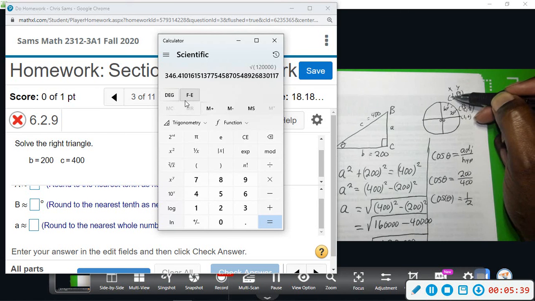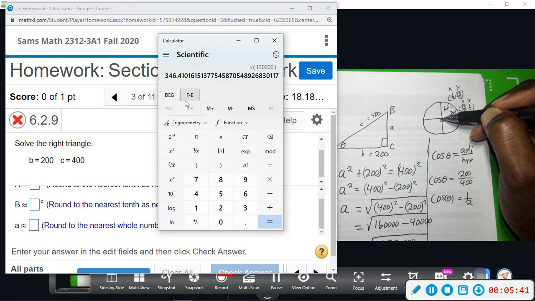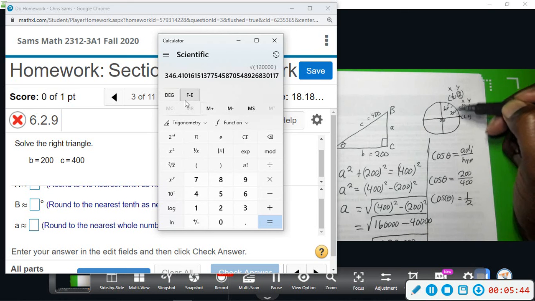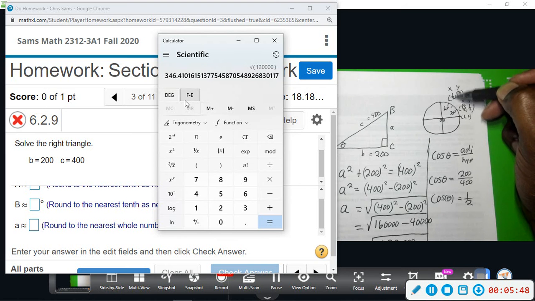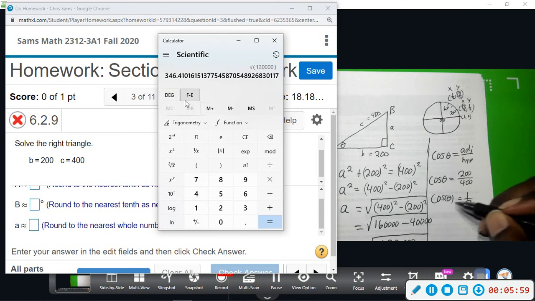Because of my familiarity with the unit circle, I noticed that 1/2 is a measurement that's on the unit circle, and cosine, the x value of that ordered pair, at 60 degrees is 1/2. So this angle should be 60, but we're going to show you the application of the algebra or the trig behind the problem.